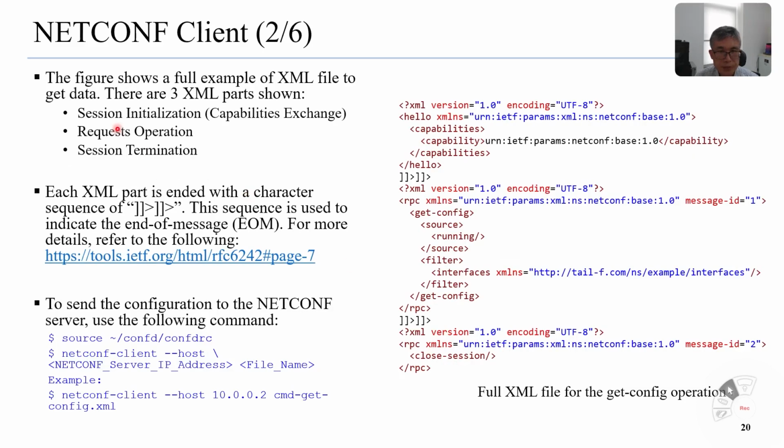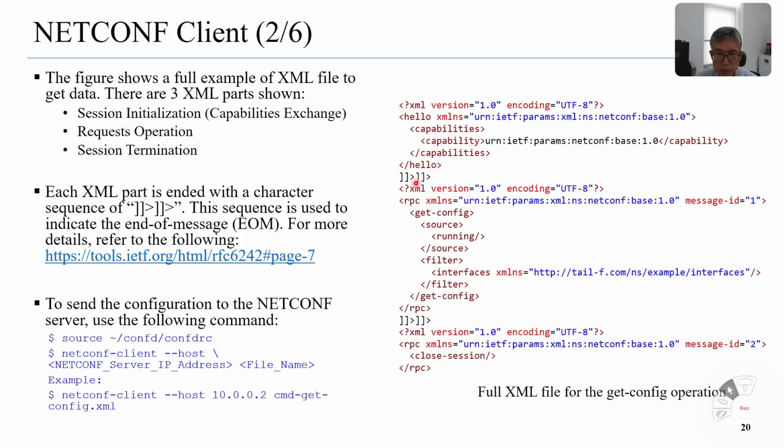So here, in the NETCONF case, the first part is the session initialization part. The second part is the actual operation part, the actual get config. And the last part is the termination part. So you can also see each XML part here. The first part is session initialization.